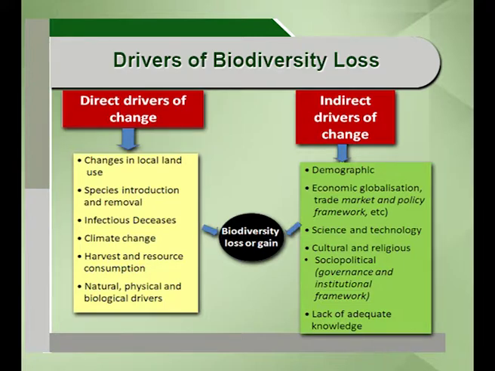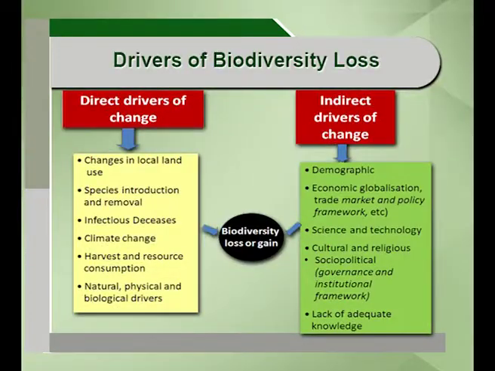Direct drivers of biodiversity change refer to the drivers that unequivocally influence ecosystem processes. These direct drivers can be measured and easily quantified. The indirect drivers of biodiversity change refer to the drivers which operate by altering the level or the rate of change of one or more direct drivers.